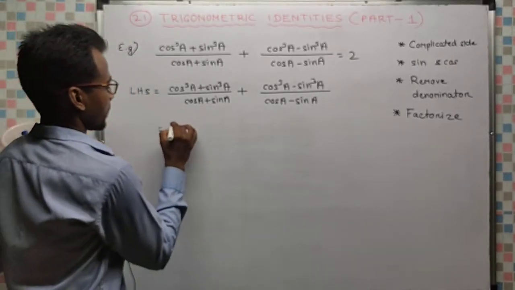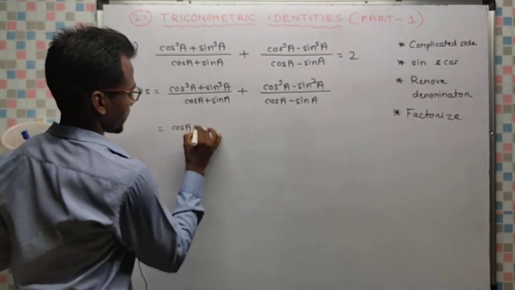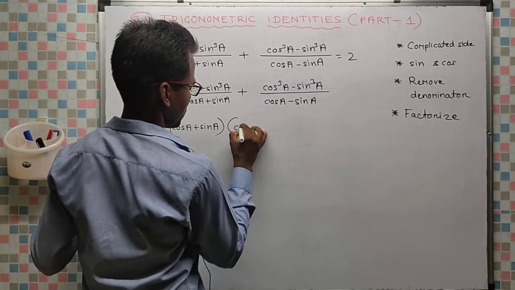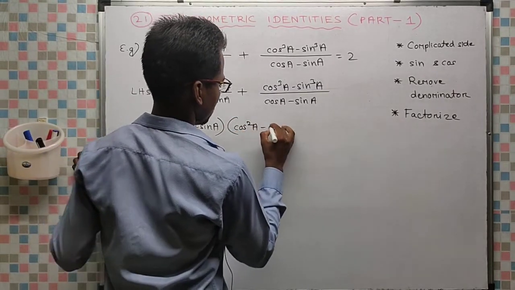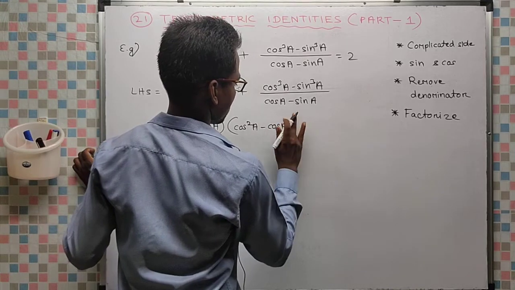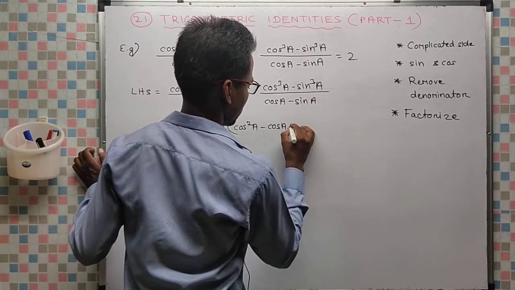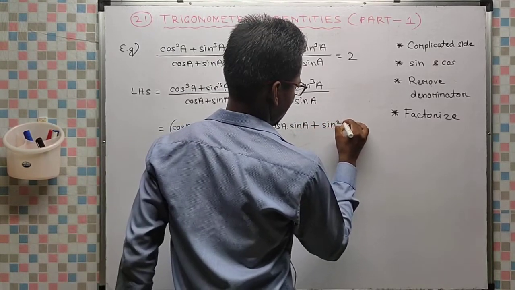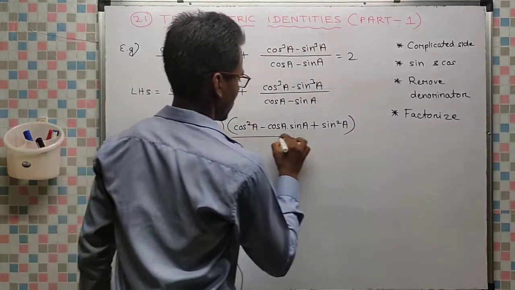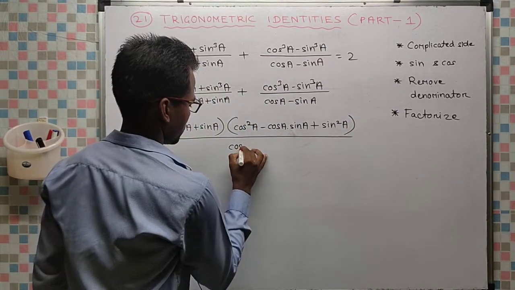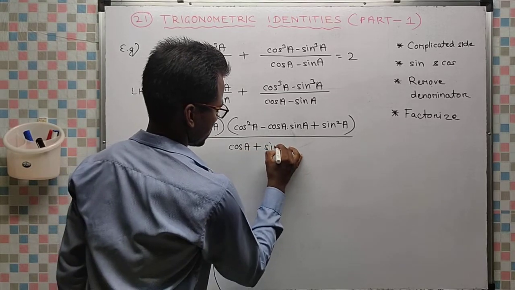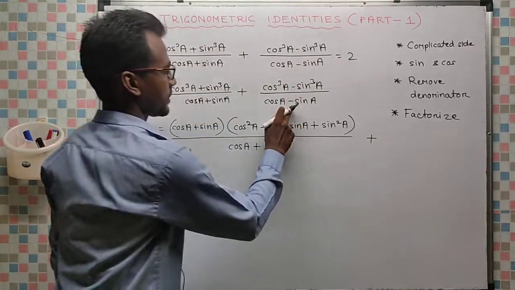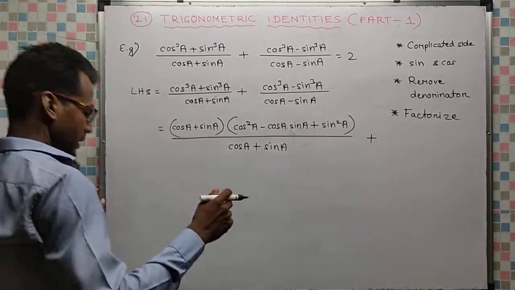So this is equal to (cos A plus sin A) whole into (cos square A minus cos A sin A plus sin square A) whole by (cos A plus sin A). This part is over. Then plus this part, I have not done yet. So let us complete this.